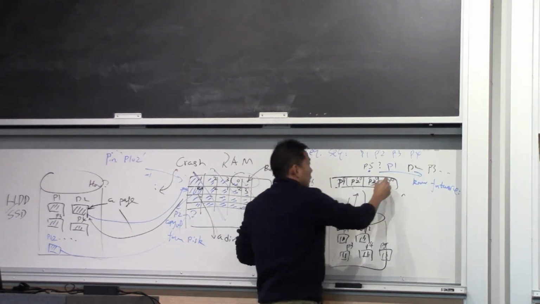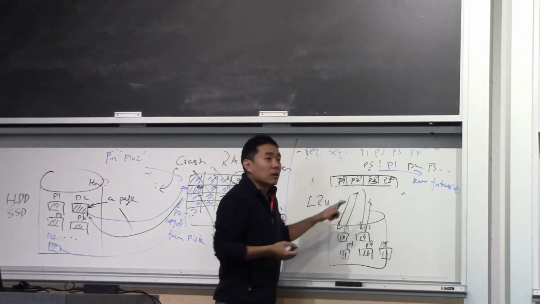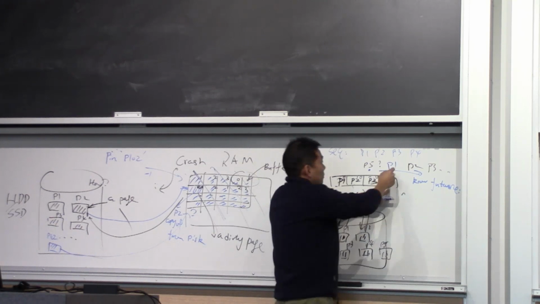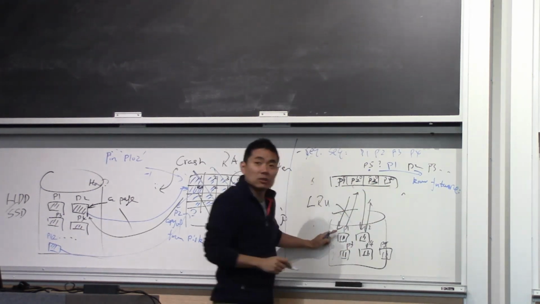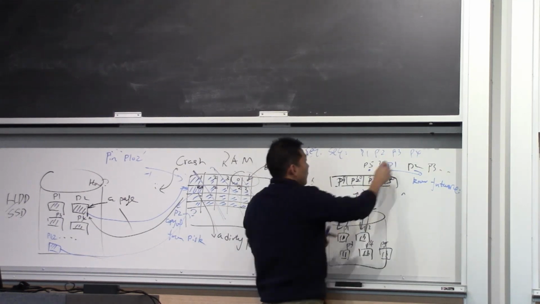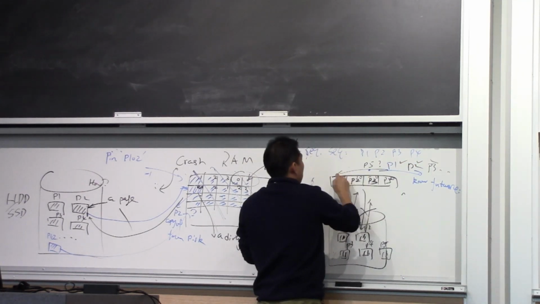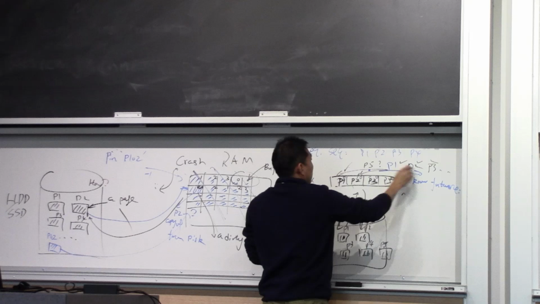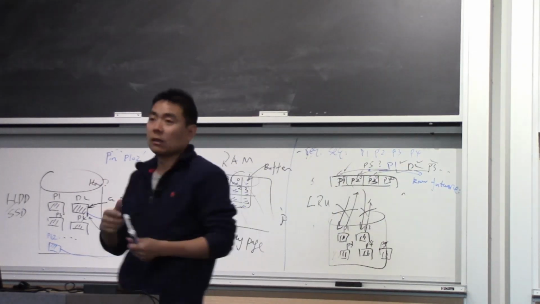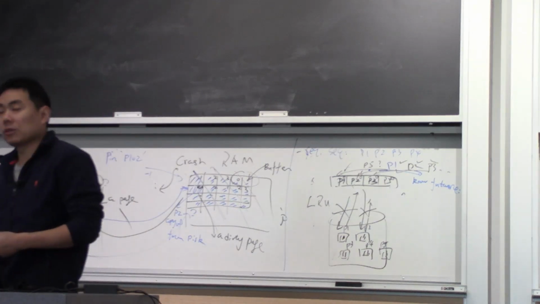P4? Yes, obviously. Why? Because this is the optimal strategy. Now, for P1, you no longer need to pay a visit to the disk. You no longer need to visit the disk to get these pages. So this request will be served immediately without a revisit to the disk.